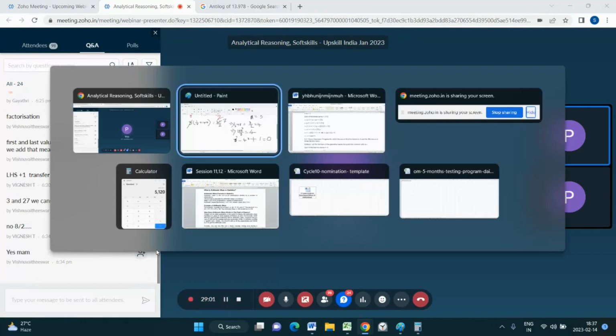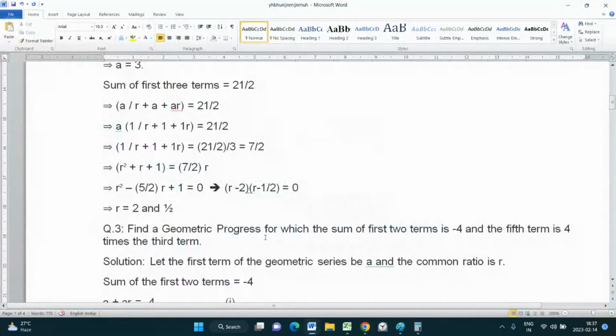Fifth term is 4 times the third term. 4 into third term is the fifth term. The sum of the first two terms is minus 4. Can you find the geometric series?